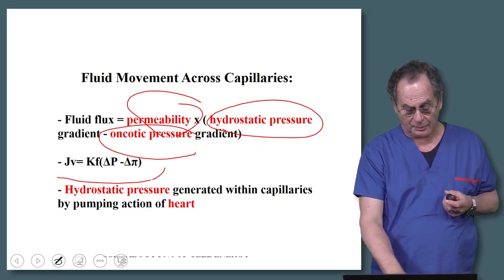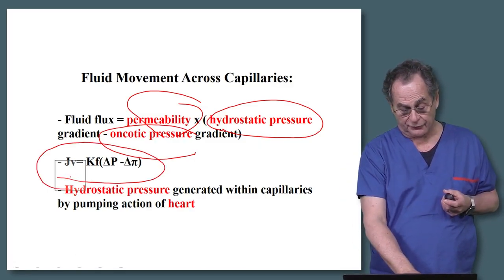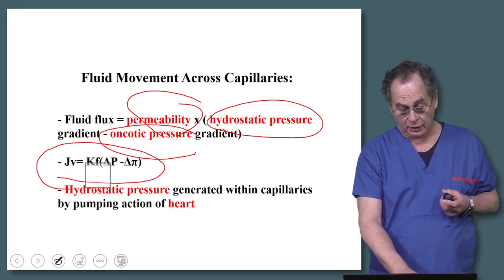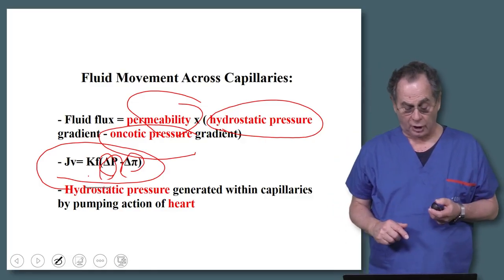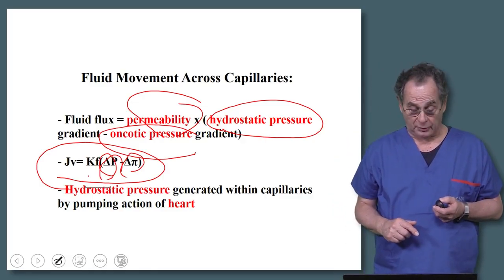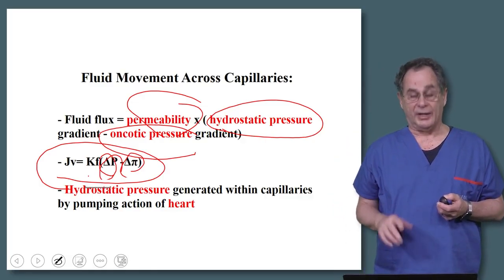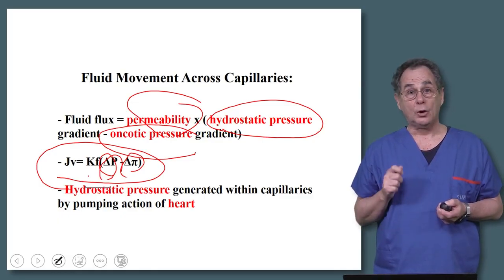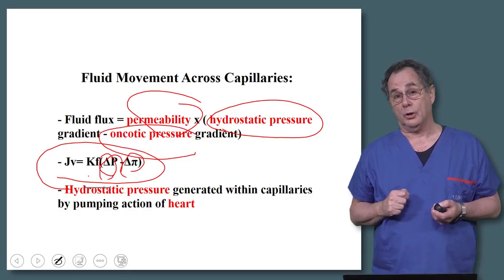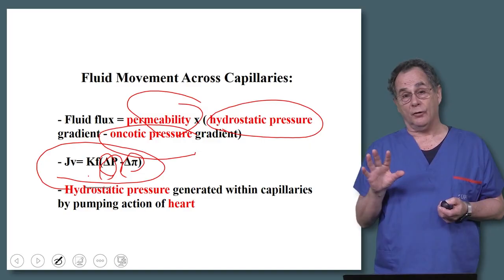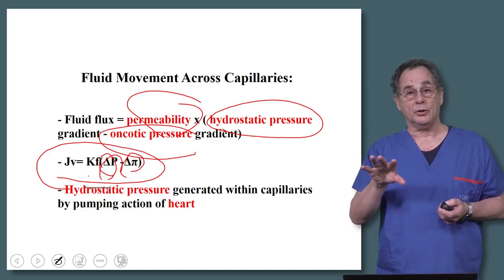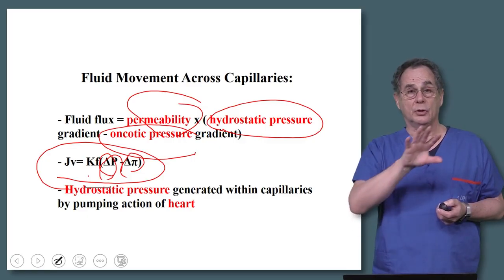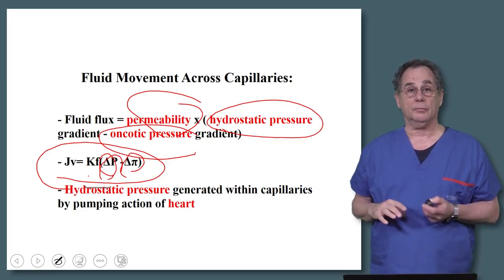This is represented here by the flux of water, the permeability coefficient, the pressure gradient, and the gradient in the oncotic pressure generated by albumin. So again, hydrostatic pressure is critical, oncotic pressure is critical, and all of them involve an axis, if you like, between the vascular compartment, the interstitial compartment, the heart, and the liver.